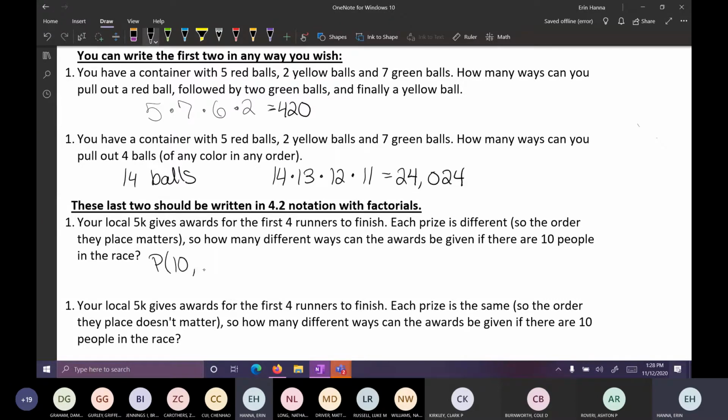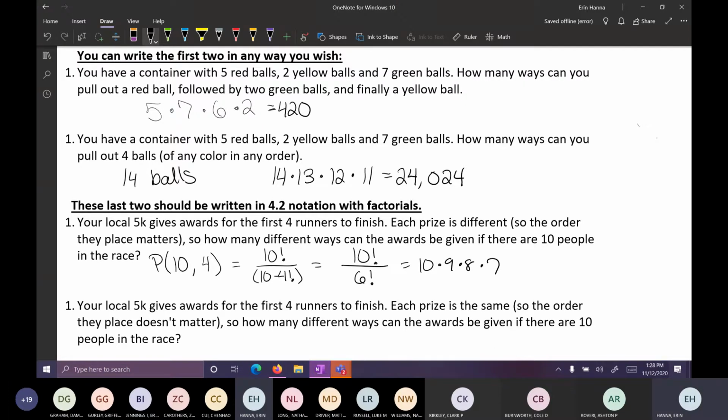So we have essentially 10. Again, there's no nice way to read that one. 10 permute 4. That's not how you actually read it. So that'll be our 10 factorial over 10 minus 4 factorial. So 10 factorial over 6 factorial. So it breaks down into 10 times 9 times 8 times 7 if you want to.